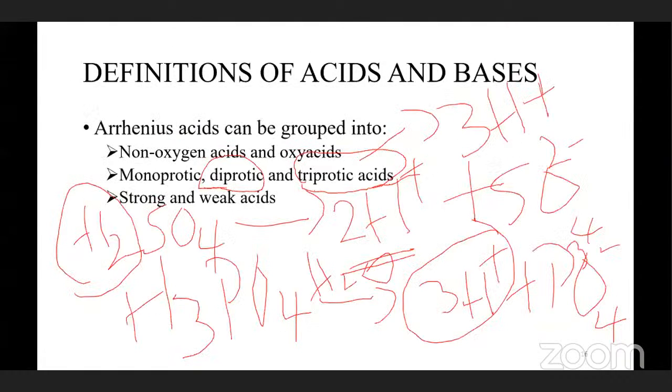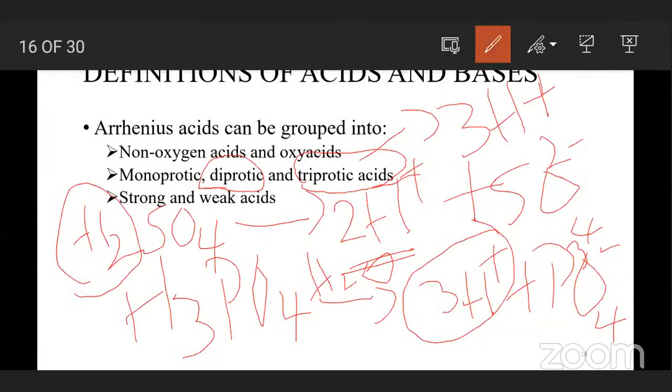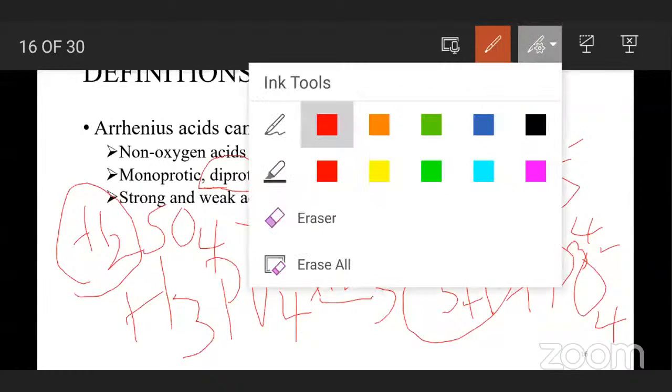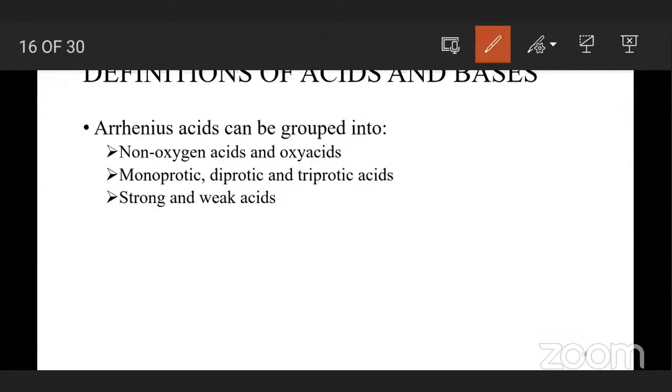Okay, just before we move on, let's briefly look at strong and weak acids. What is a strong acid? A strong acid is an acid that can completely dissociate in water. Take, for instance, HNO3. This is trioxonitrate(V) acid.